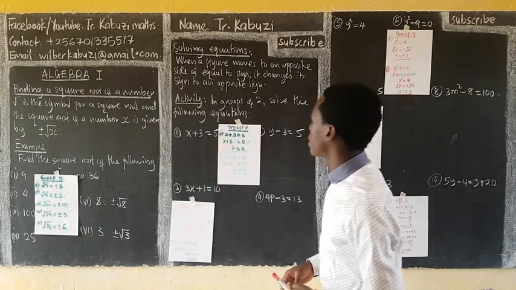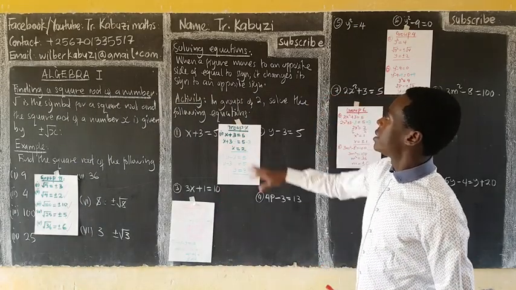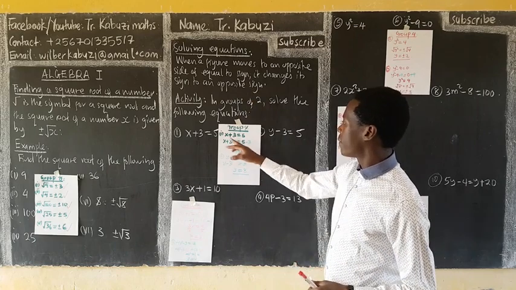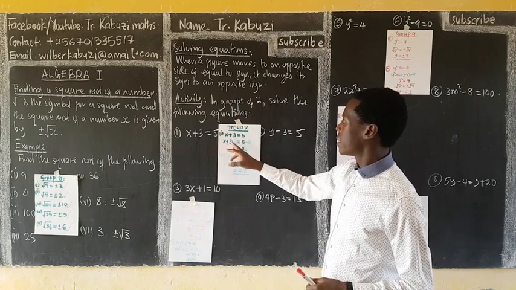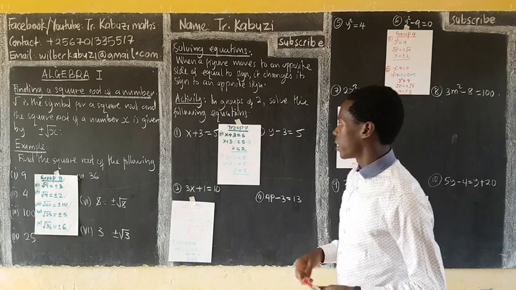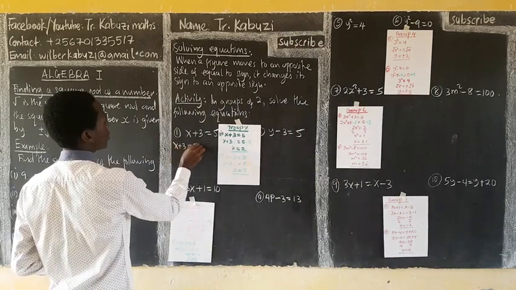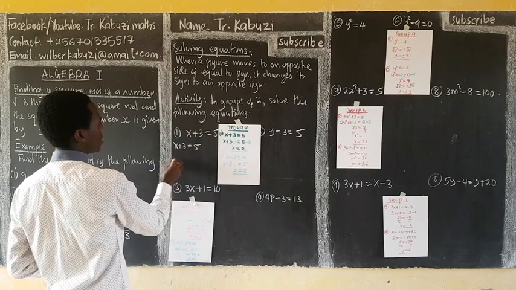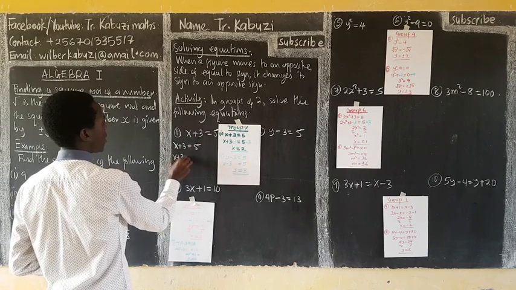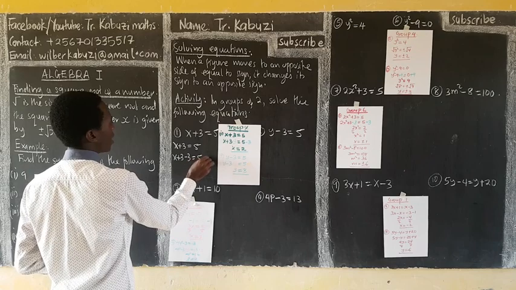So we have this one of solving equations. They have x plus 3 equaling 5. They subtracted 3 this side, so they have x plus 3 minus 3 equaling 5 minus 3.